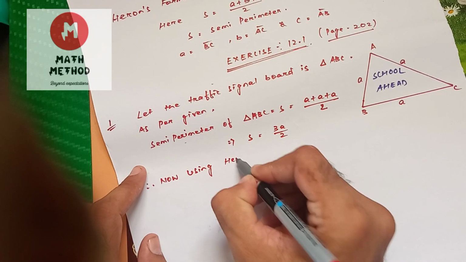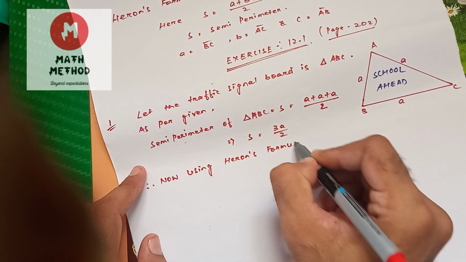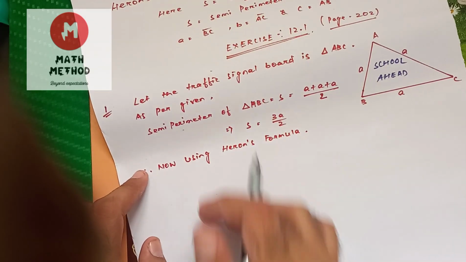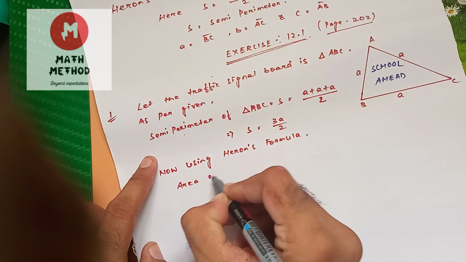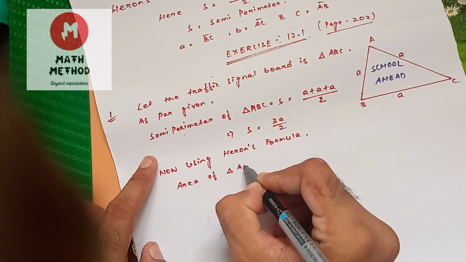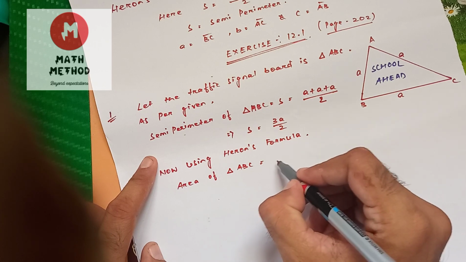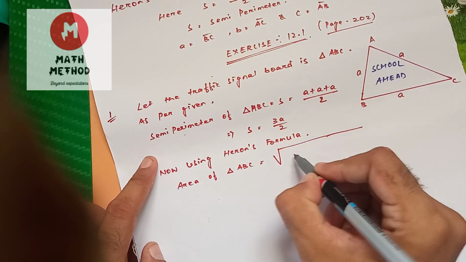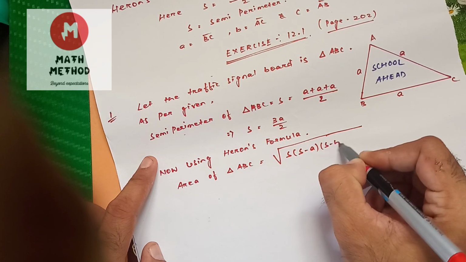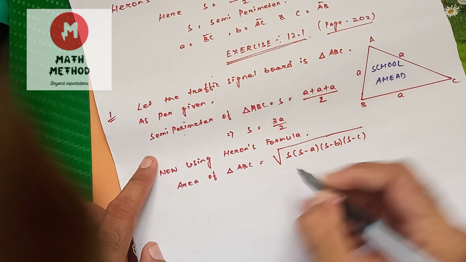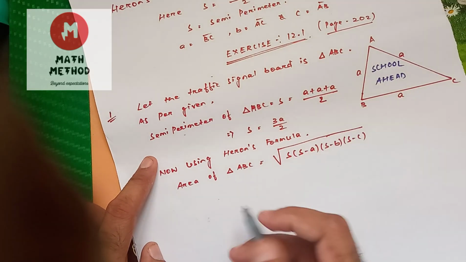Therefore, now using Heron's formula, area of triangle ABC is equal to root over s into s minus a, s minus b into s minus c. Here a is equal to b is equal to c, that is a.